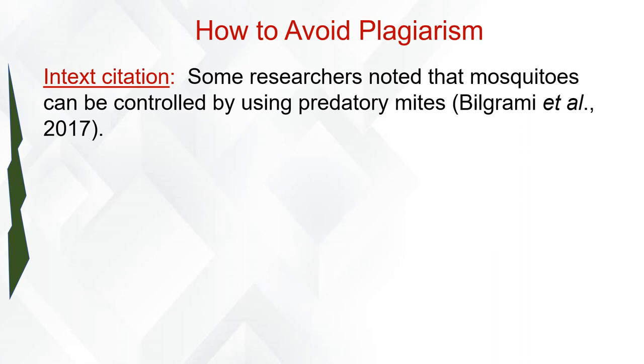If you have to write a sentence having a citation within the text, anything that you are writing after conducting your research and analyzing your data, for example: some researchers noted that mosquitoes can be controlled by using predatory mites. That's a statement made by Bilgrami et al. 2017. I am a biologist, and that's why I'm giving examples from biology. These are examples from my own paper.